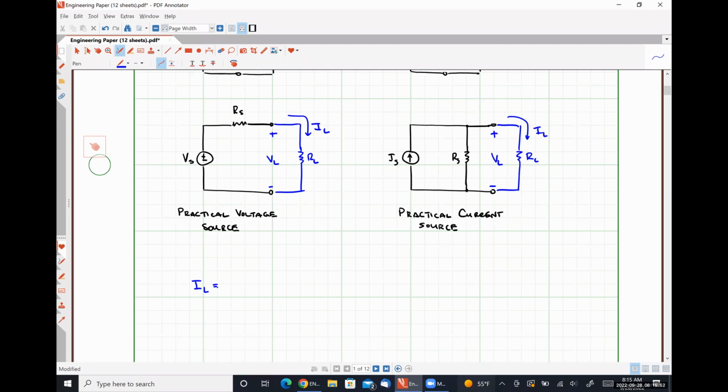Because it's always going to be VL over RL, but that's not helping us relate things to our practical sources that we're trying to relate. It's VS over RS plus RL. All right.